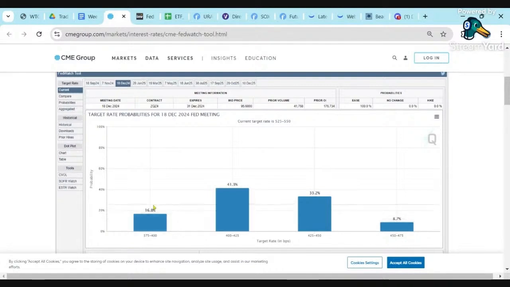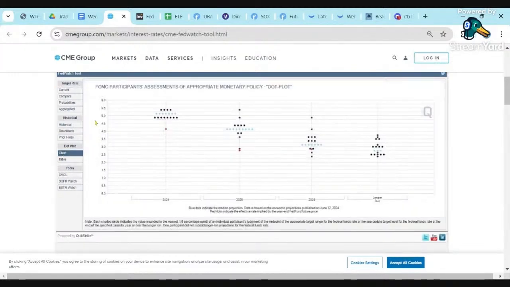So again, the market's pricing in significantly more rate cuts than the Fed has told us they're going to do. And I think there's a source for potential volatility and disappointment in that. Also, when we get the new dot plot, we'll be able to see it in the CME FedWatch tool.